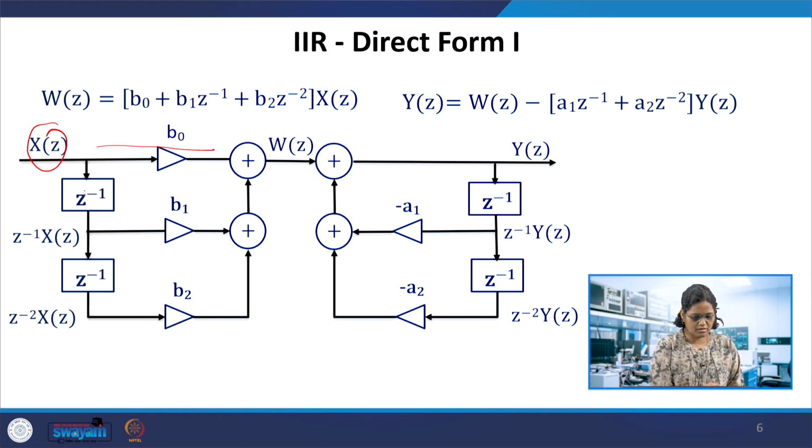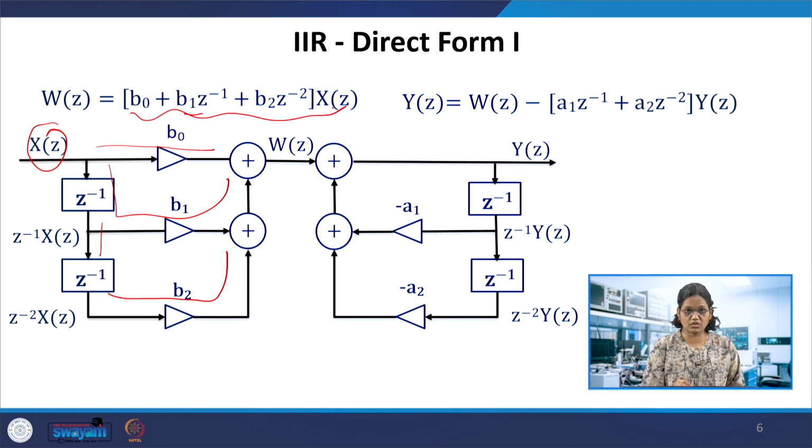So delay this X of z and then multiply it. This is the second path over here, and for the third, delay it once more, that is, X of z is delayed twice, and then multiplied by b2. Add them. You can have a single adder or multiple adders if two inputs, and so on. So this is the function one which is giving the realization of the W and X relation.